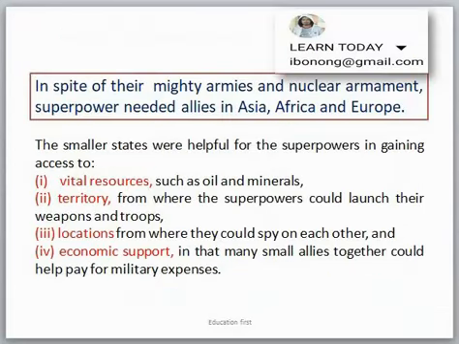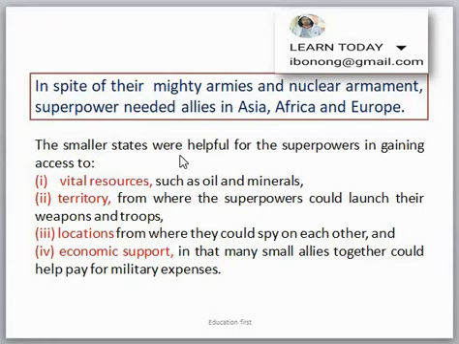And the next is a very important part. You may ask why the superpowers needed any alliance at all. In spite of their mighty armies and nuclear armament, superpowers needed alliances in Asia, Africa, and the European continent. Why? We have some important reasons.